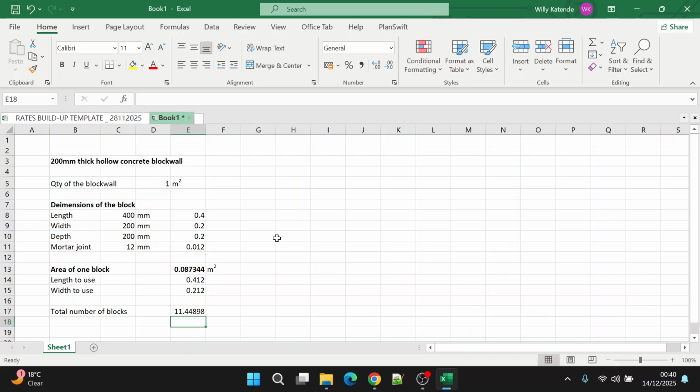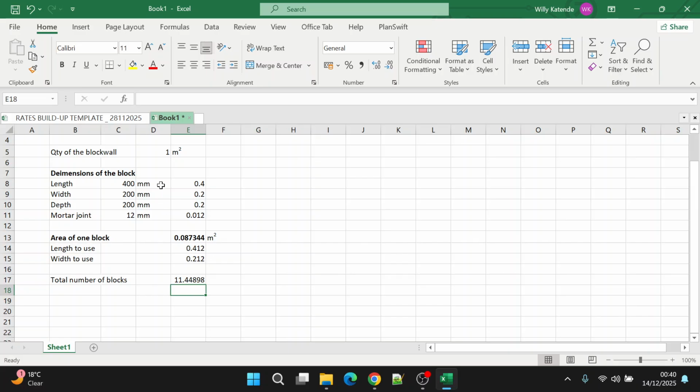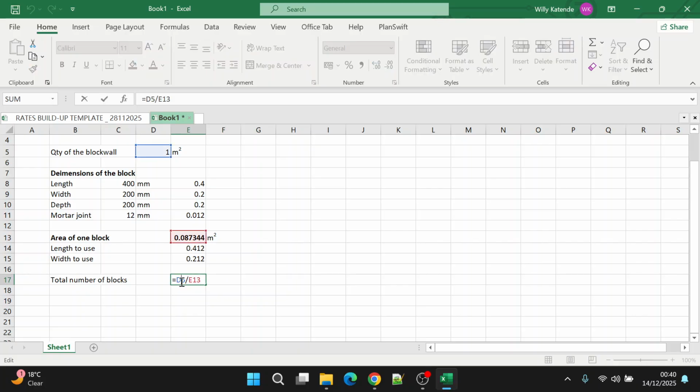Then press enter. So it is equivalent to 11.44. So that is approximately 12 blocks.